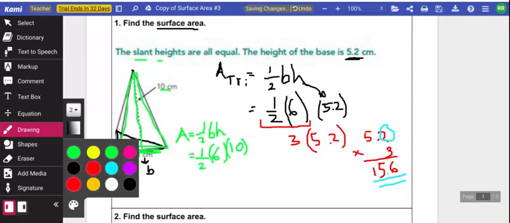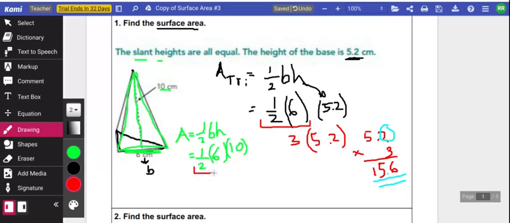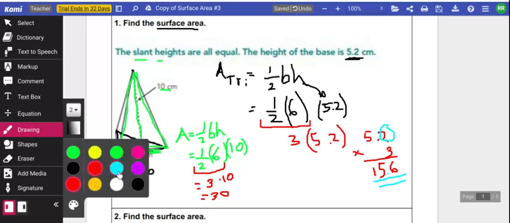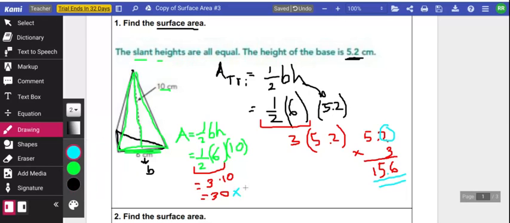Okay, so when I go to solve this, 1/2 of 6 again is 3, and 3 times 10 is 30. Okay, now remember that is the area of one of the triangles. And I have how many triangles? I have 3, right? Because there are 3 triangular faces. And 30 times 3 would be 90.